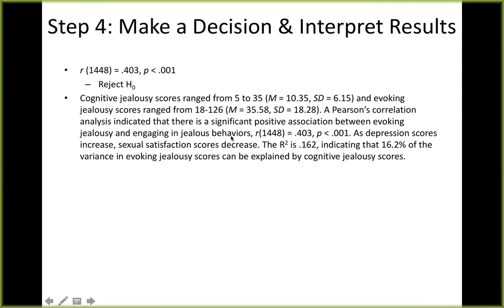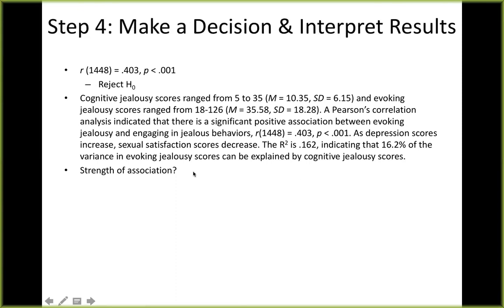That's more of like jealous thoughts, like suspicions kind of a thing. And so I didn't change that part of the sentence. That's from last year. But this R squared value is right. So what we see is that as cognitive jealousy scores increase, evoking jealousy scores also increase. And so 16.2% of the variance in evoking jealousy scores can be explained by cognitive jealousy scores.